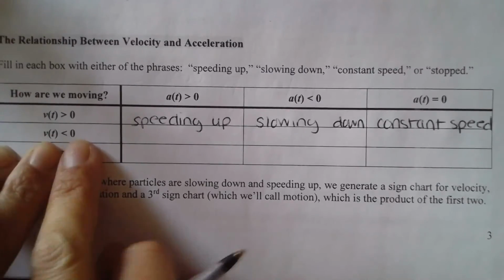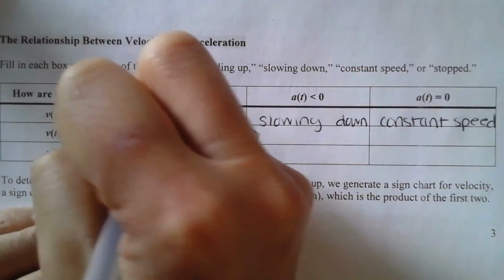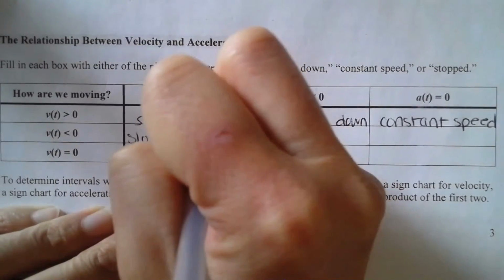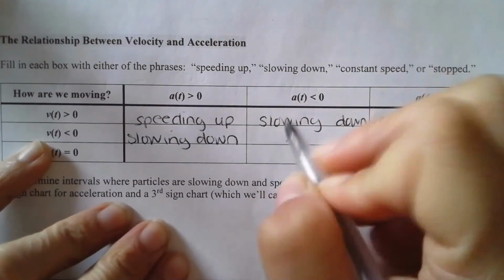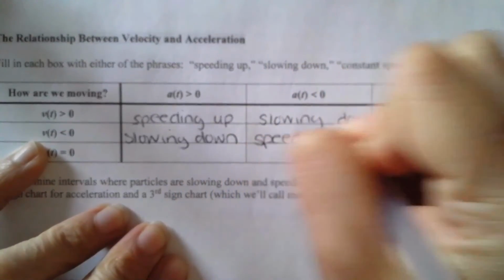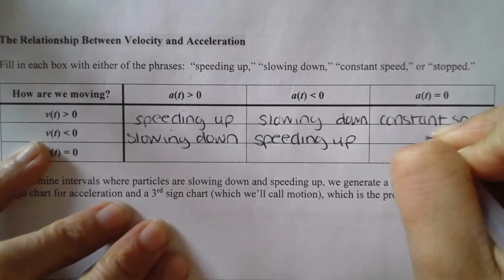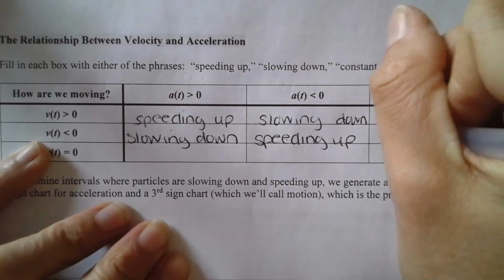Now, opposites, velocity negative, acceleration positive. Velocity negative, acceleration negative. And velocity negative, acceleration 0.